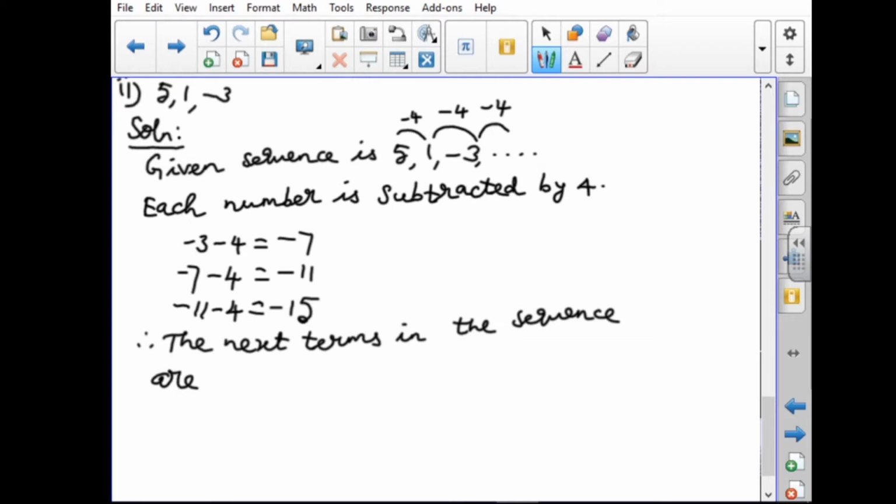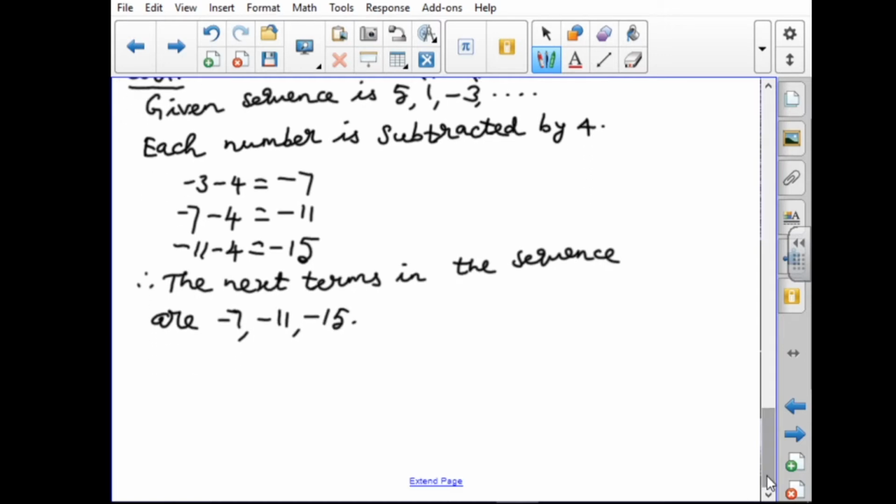Again we have to find these next 3 terms. So that is minus 7, minus 11, minus 15. Okay, that's our second one.